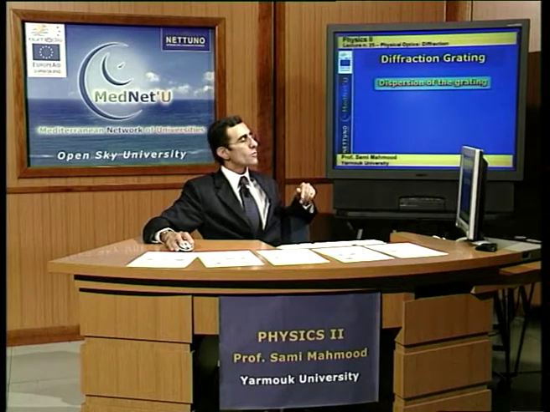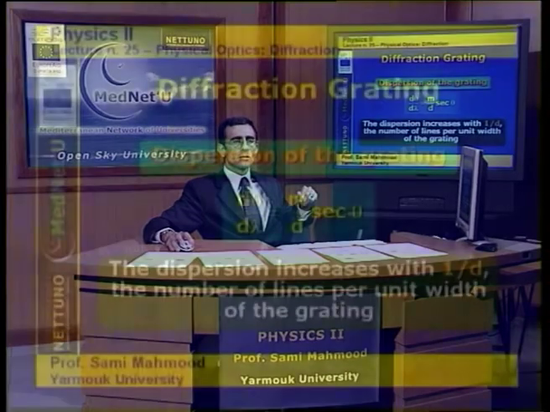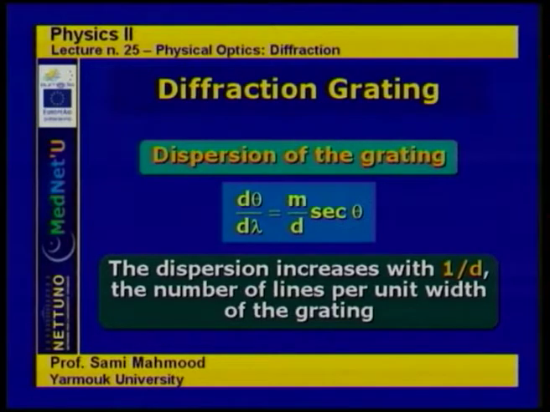And now we go to the problem of the dispersion of the grating, another property of the diffraction grating. The dispersion is simply dθ over dλ. It's how we separate the different wavelengths in space. If we consider the relation between θ and λ, dθ over dλ, differentiated, is simply equal to m over d times secant θ.